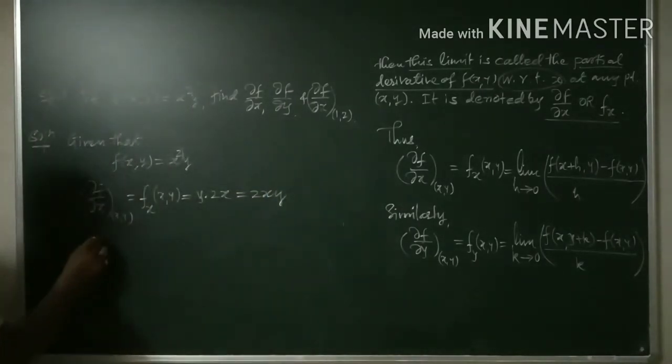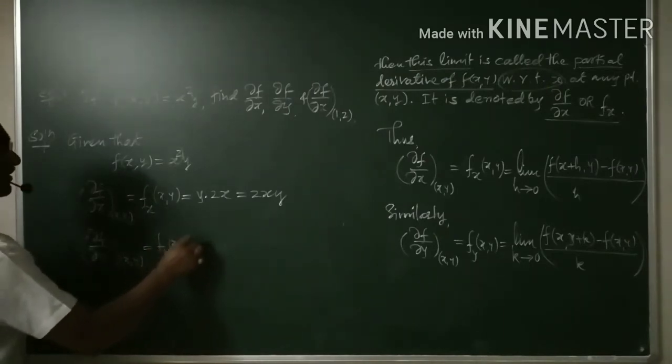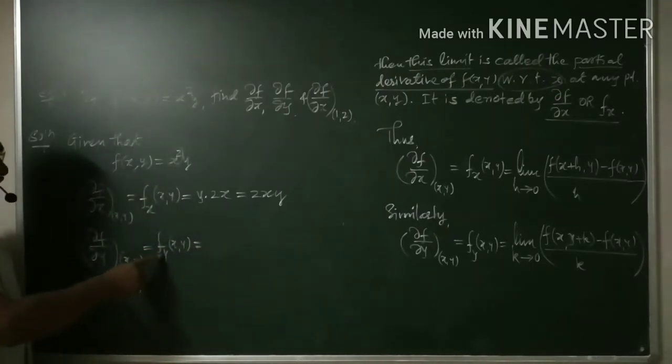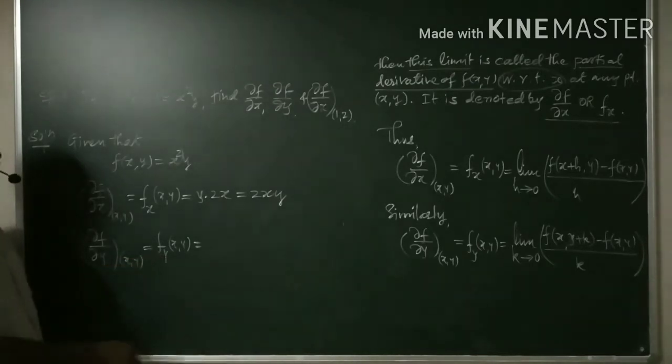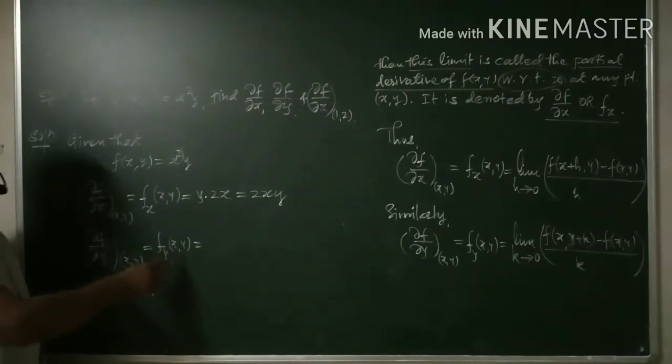Right? Now, similarly, ∂f/∂y at point (x, y) is equal to f_y at any point (x, y). Now we are going to find the derivative with respect to y, and therefore the variable x is to be treated as constant.